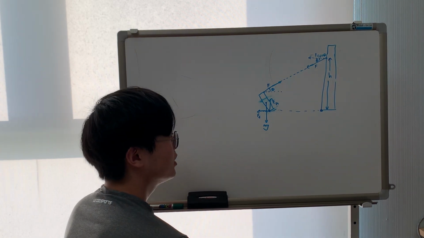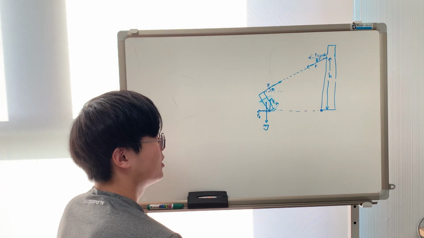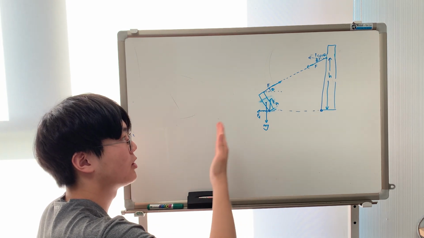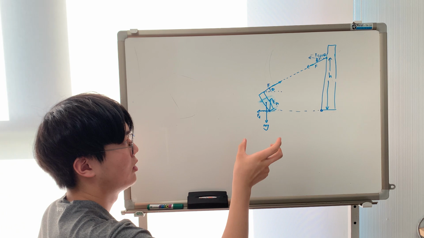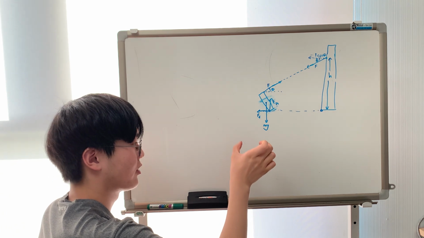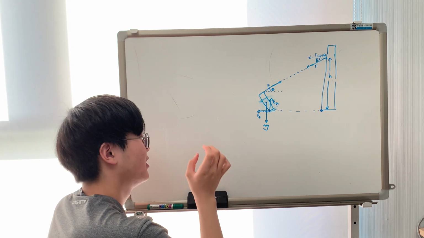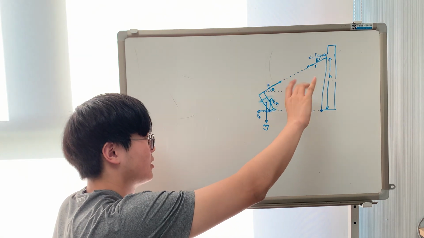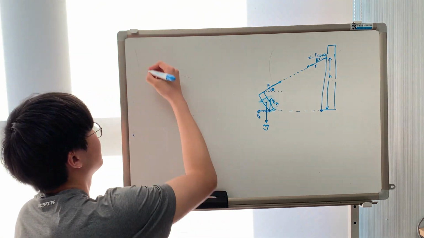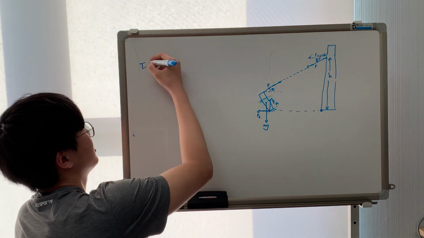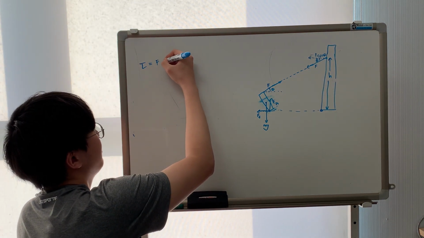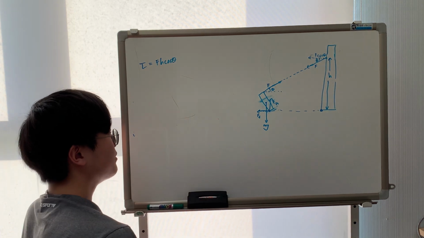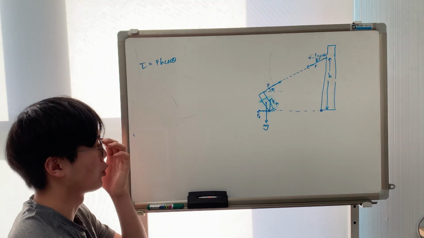And we know that torque is equal to the product of the perpendicular component of the force times the perpendicular distance, which would be h. So the torque is going to be equal to F cosine theta times h, so Fh cosine theta.